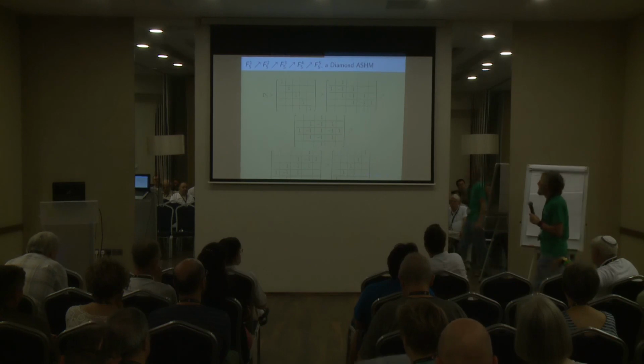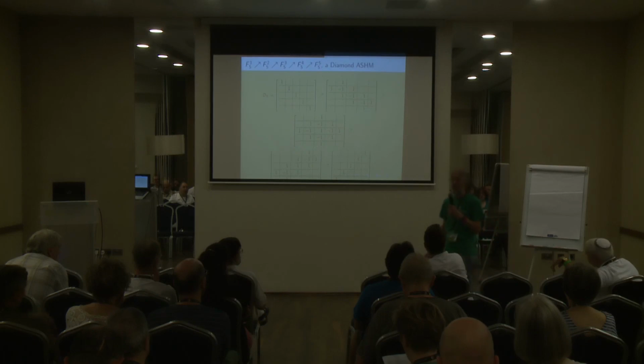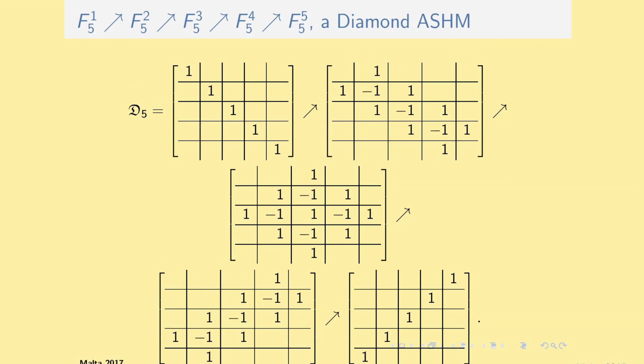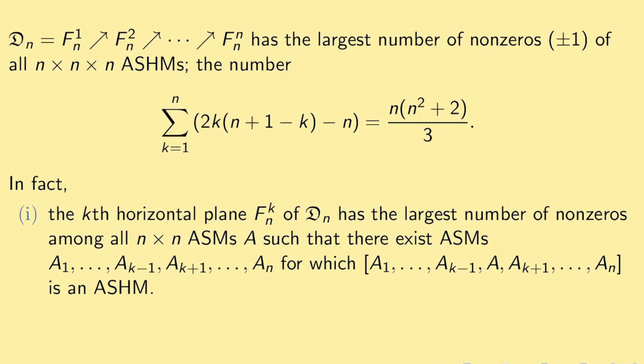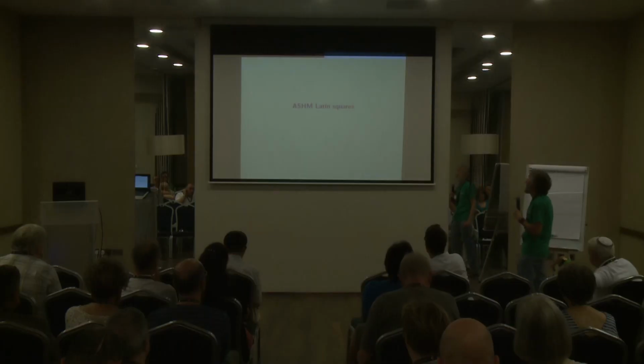And in fact, this generalization, in particular this case for n equal to 5, has the largest number of non-zeros in any n by n by n alternating sign hypermatrix. In fact, not only that, but at each level, you have the maximum possible that you could have in such an alternating sign hypermatrix. All right, I already said, basically, what I've just said verbally here about the extremal properties of these types of alternating sign hypermatrices.